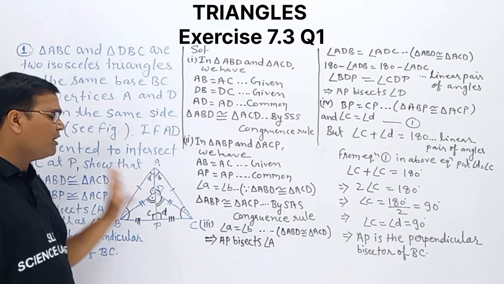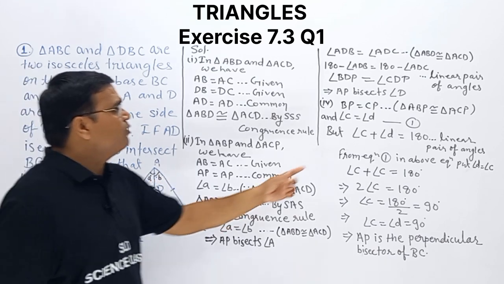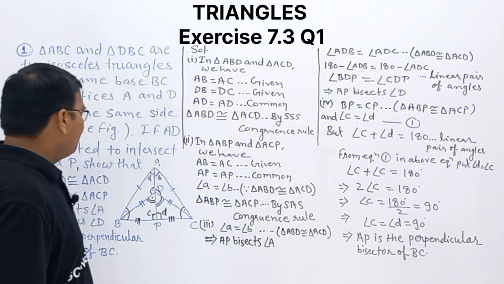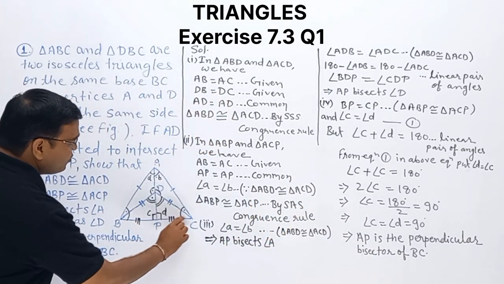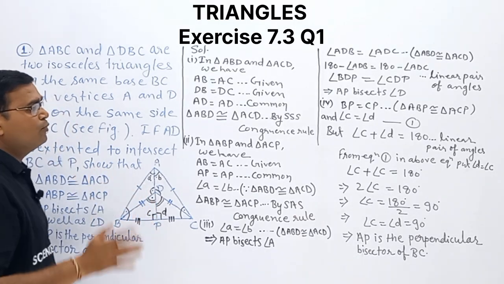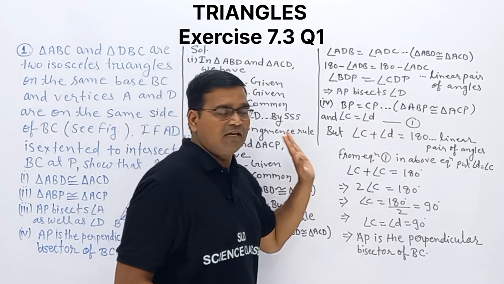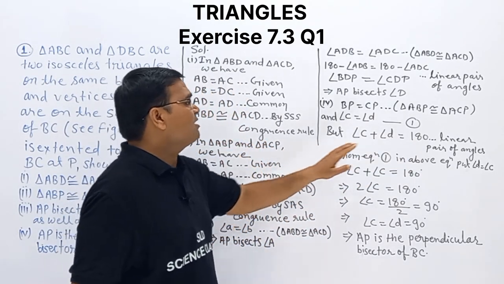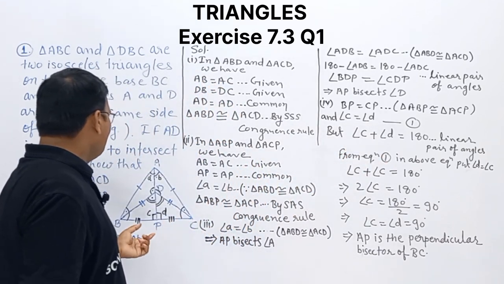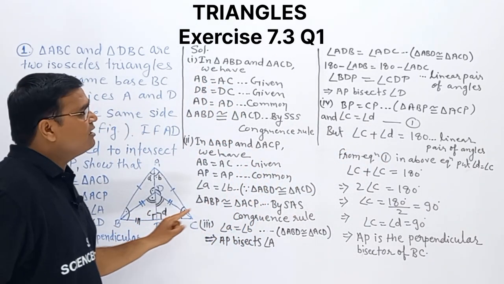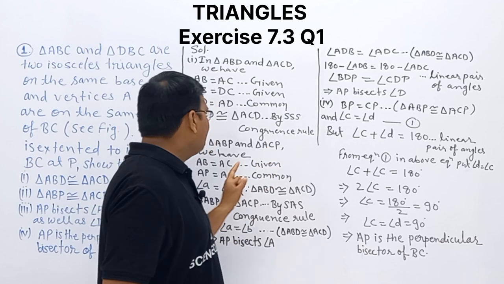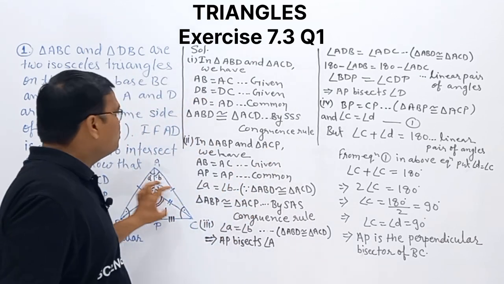So angle C equal to angle D we proved. But from the linear pair axiom we can say the sum of both angles will be what? 180 degrees. And angle C equal to angle D we proved by the side angle side congruence rule of these two triangles.